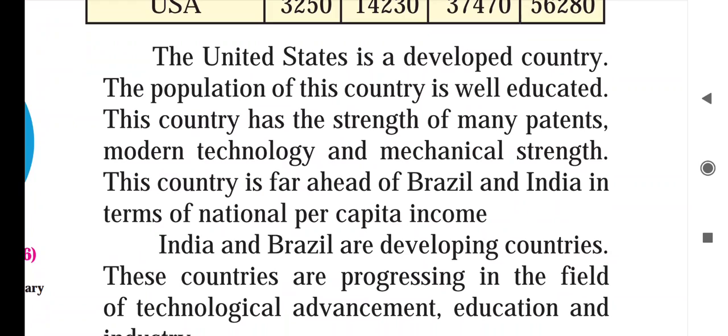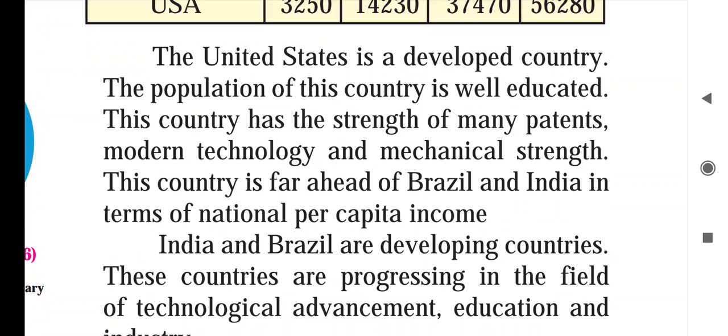The United States is a developed country. The population of this country is well educated. United States means America, that is a developed country. The population is well engaged, well educated. This country has strong strength in patents, modern technology, and mechanical strength. This country is far ahead of Brazil and India in terms of national per capita income.